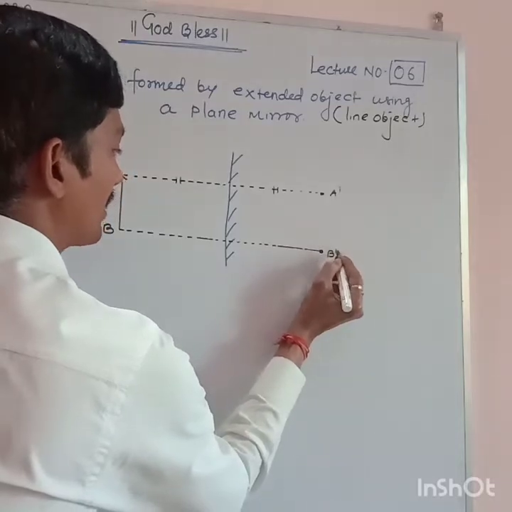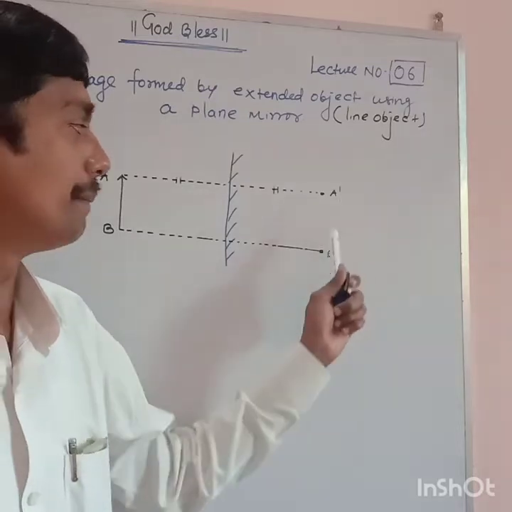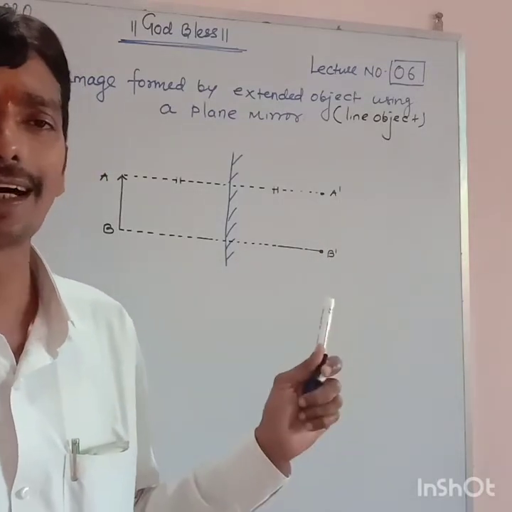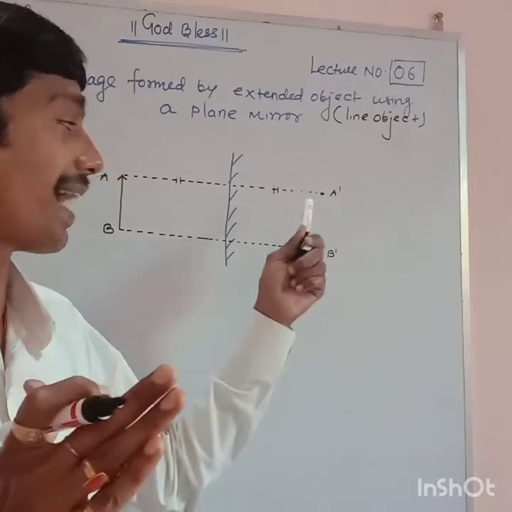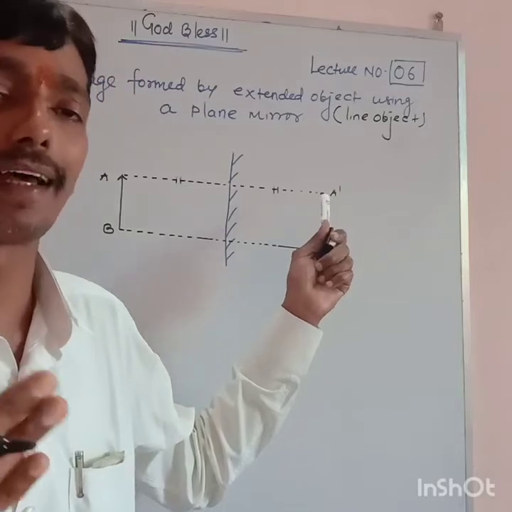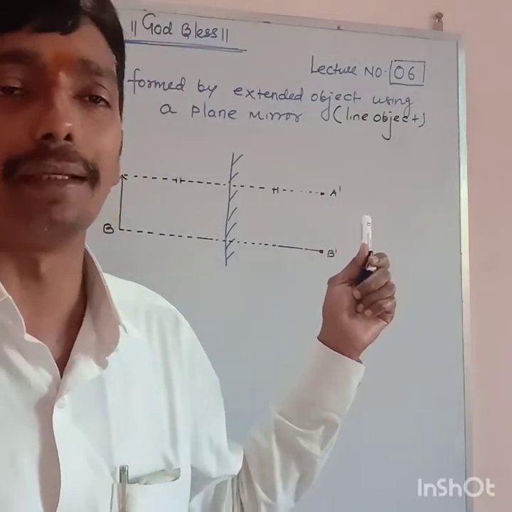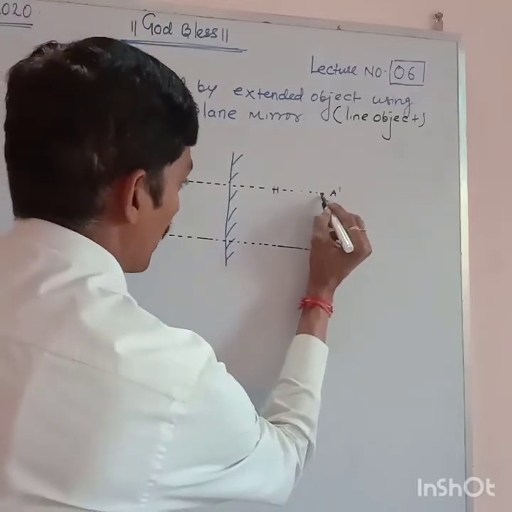Say I will mark this as B dash. From the beginning I know that A dash and B dash is the image, called a virtual image, because we are not actually getting it, but they appear to form an image at A dash and B dash, and I can draw the arrow like this.